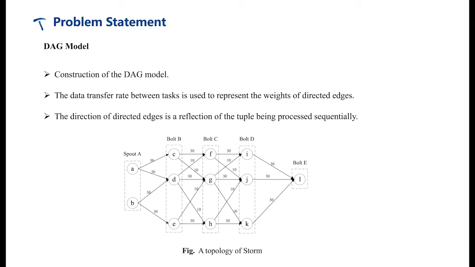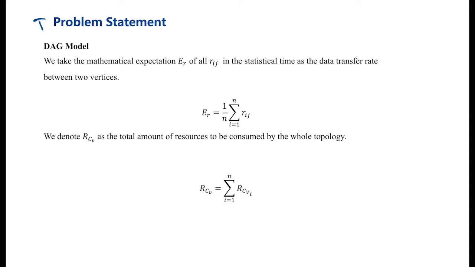But basically, based on this DAG model, we define two metrics. The first one is the data transfer rate between the vertices or the nodes. We use this to define the latency of the system. And the second one is the resource consumed by the topology.